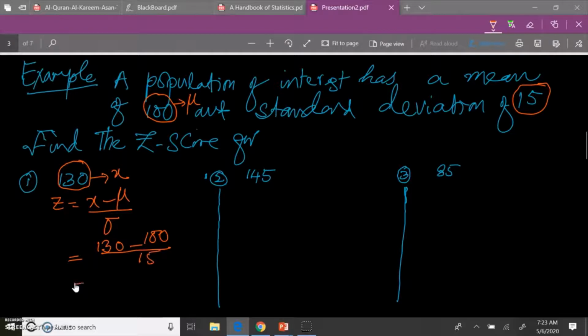So 130 minus 100 is 30, divided by 15, and the answer comes out to be 2, which I write as +2.00.